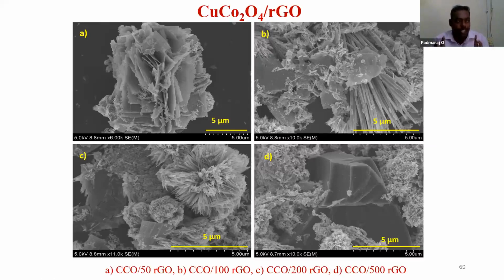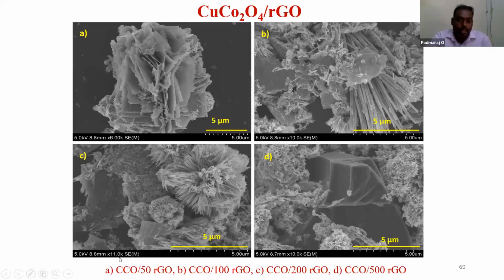My aim is to analyze the synergistic effect between the transition metal oxides and the graphene sheets: how the electron conductivity is increasing, how the surface area is increasing, and how the electron transfer pathways are increasing. So my aim is to analyze this effect.